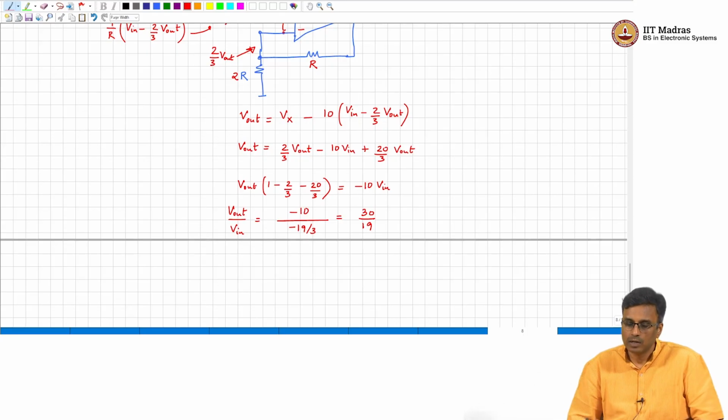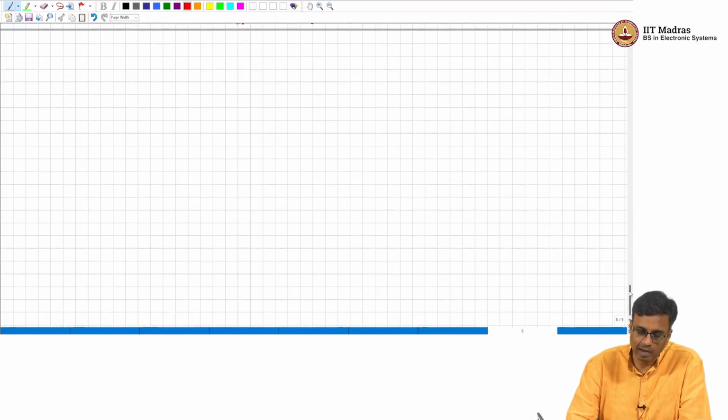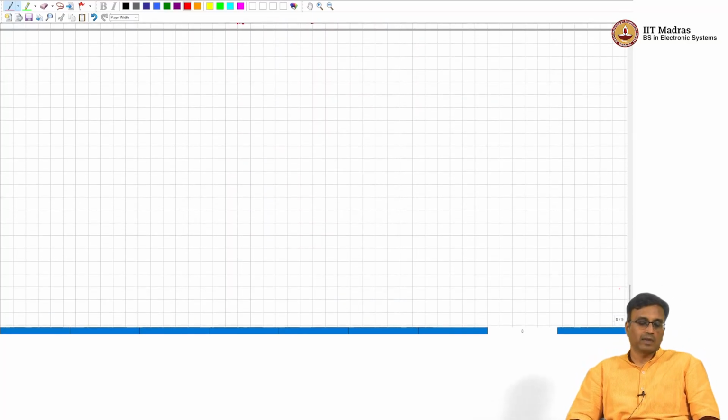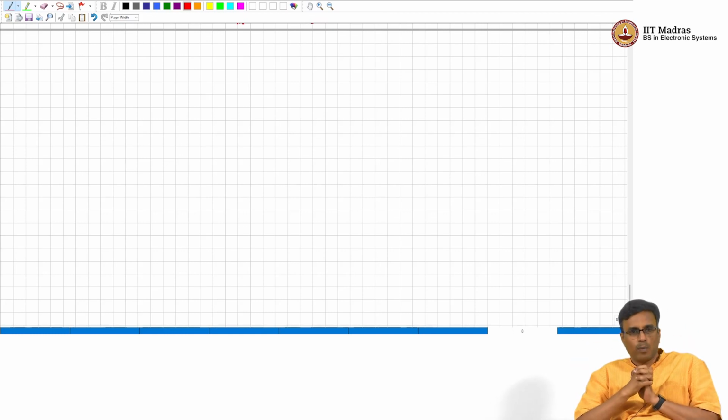All right. So, these examples cover various situations where we have learned how to find the signs on the op amp for negative feedback operation, and we have applied it to a whole bunch of commonly used circuits.